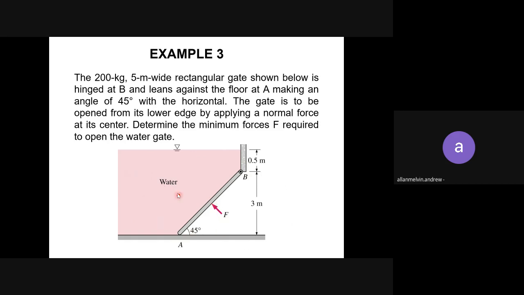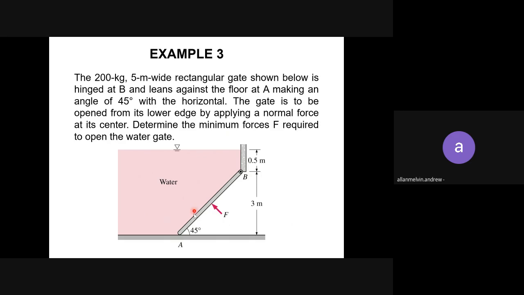So you apply force at the center, and the water will come out. Generally the hydrostatic force is acting from the water, opposing this. Determine the minimum force F required to open the water gate. Meaning first you need to find the resultant force here.